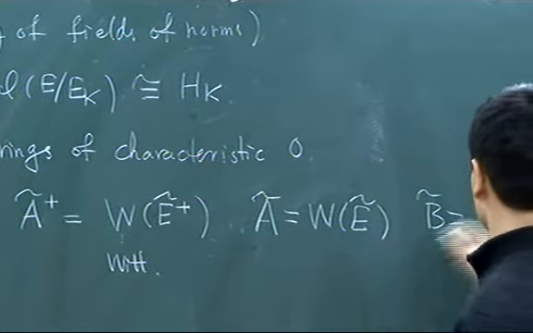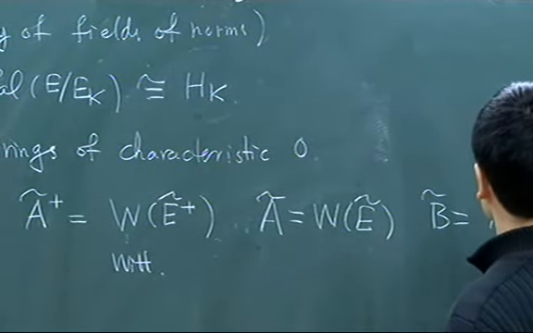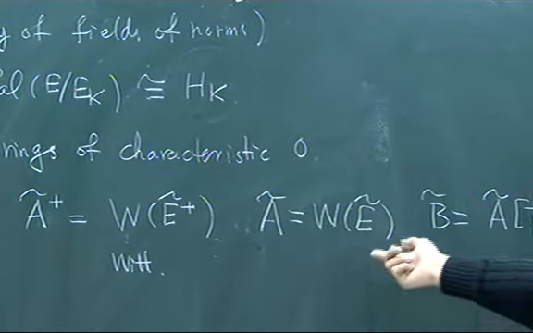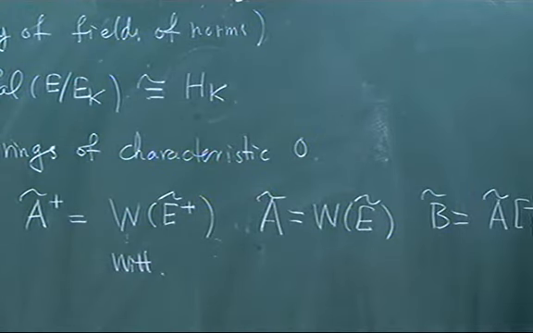And then we have B tilde, which is just this A tilde. Because, what is the Witt ring? If you have R, a perfect ring, a perfect F_p-ring, you know what W(R) is.